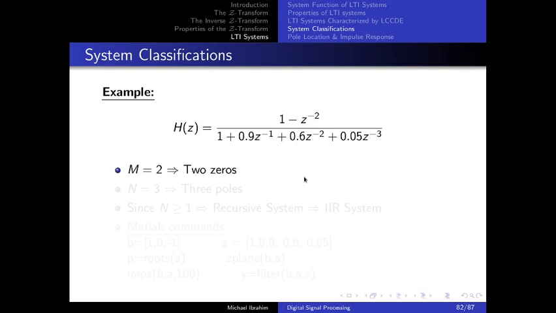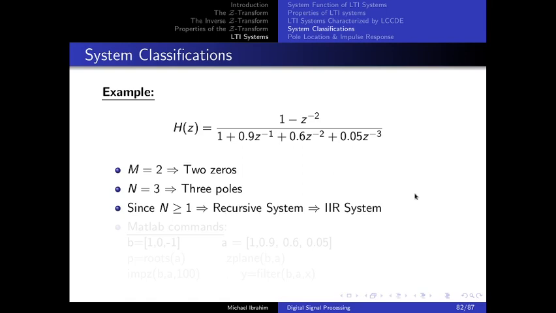And since the denominator is of order 3, we'll have 3 poles, and we will call it a third order system. The number of poles determines the order of the system. This is a third order system because it has 3 poles. Since we have this feedback polynomial, the denominator is the feedback part. It's a recursive system. It's an IIR system.